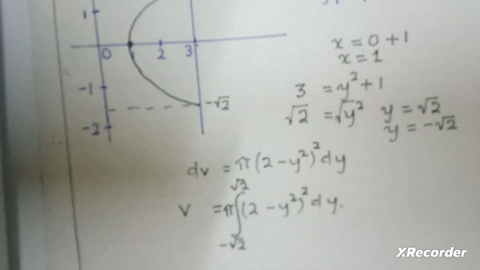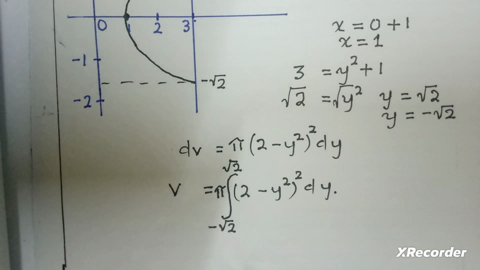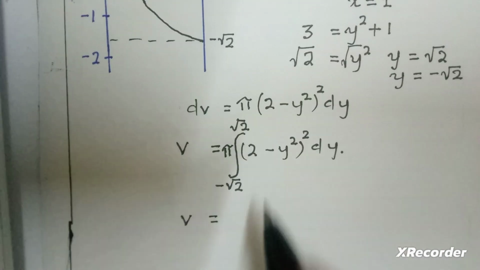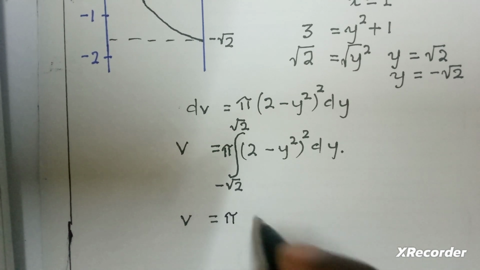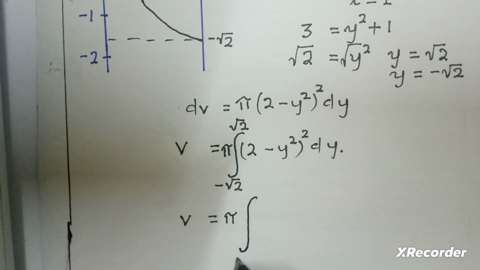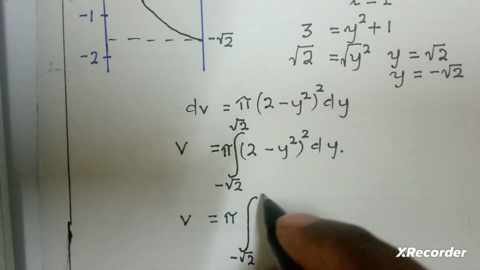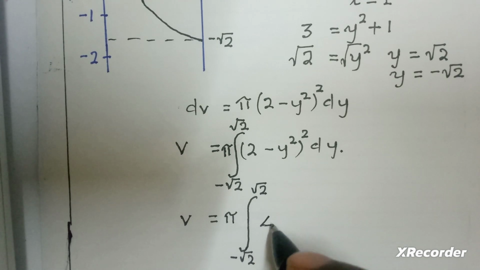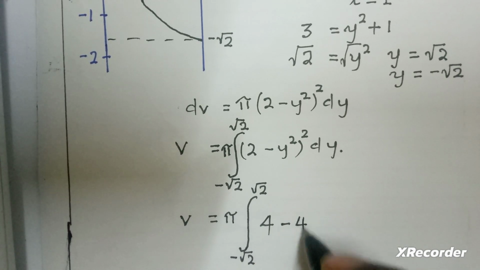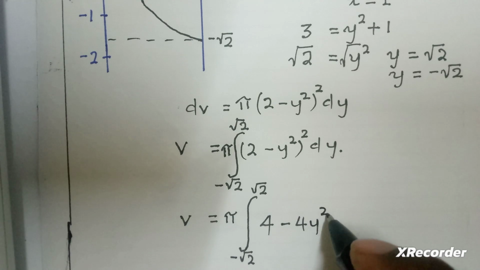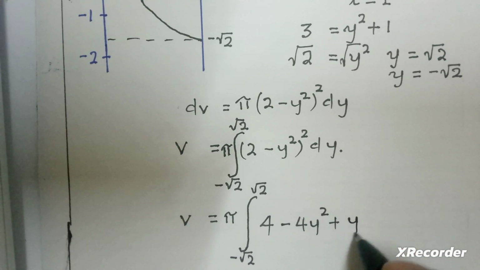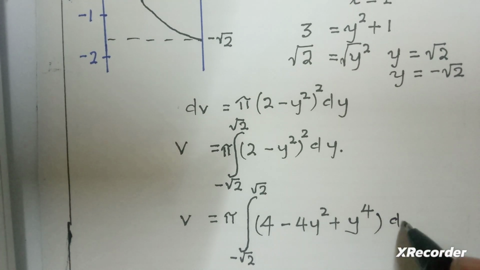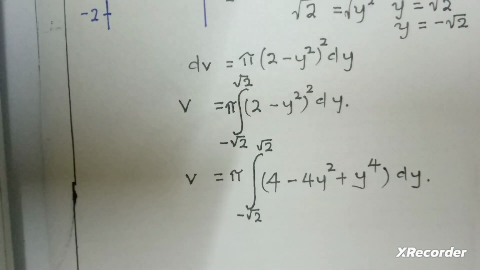So now this is what we are going to do. V will be equal to pi times the integral from that to that. If we square this one, we shall have 4 minus 4y squared plus y raised to 4, then we put our dy there, and then we continue.